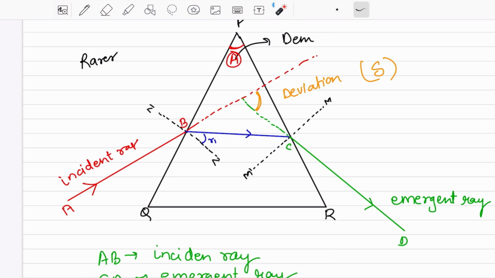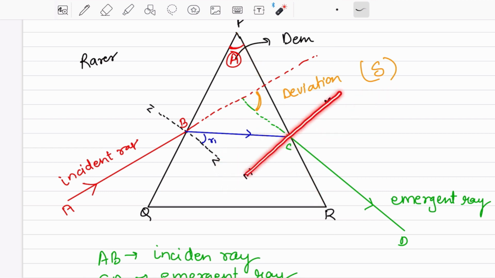But since we are going from rarer medium to denser medium in the prism, light will move towards the normal, right? So light यहाँ से refract हुई और next surface पर चली गई. Next surface पर जाने के बाद again you will see it is going from denser medium to rarer medium. So it will go away from the normal.